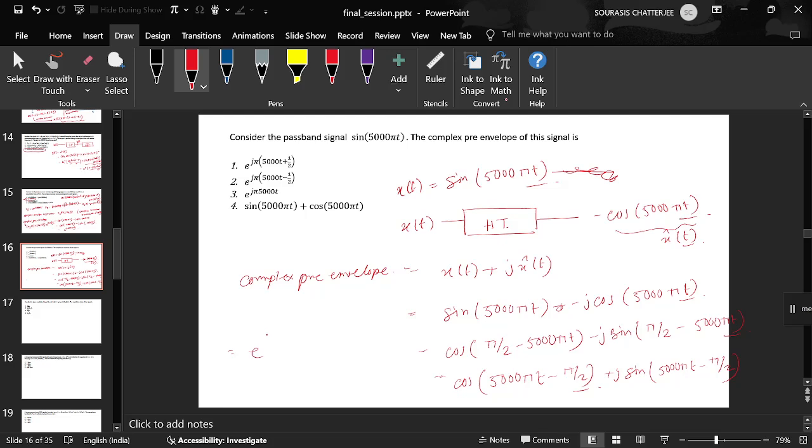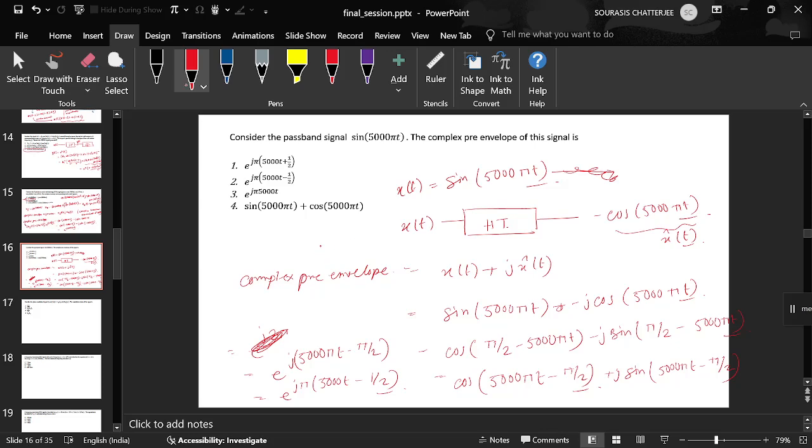So this is nothing but the exponential to the power j, there is no 2 pi here, e to the power j times (5000 pi t minus pi over 2), or e to the power j pi (5000 t minus 1 over 2).